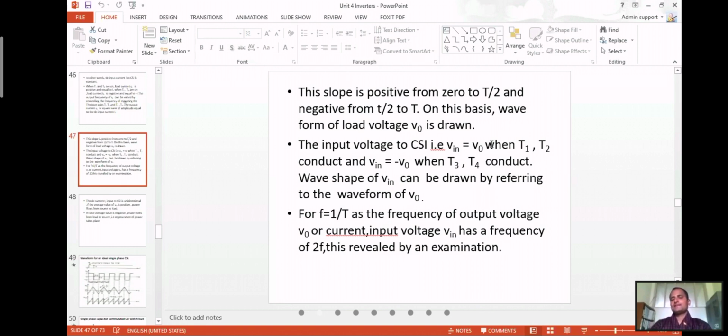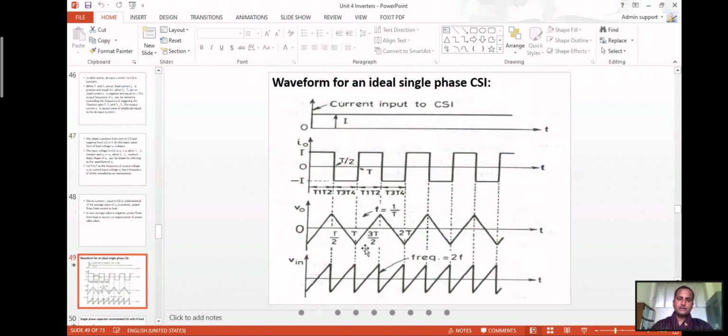So the input current to the CSI will be constant, and the input voltage will be equal to the output voltage. When T1 and T2 are conducting, the output voltage is positive V naught, and when T3 and T4 are conducting, the output voltage will be negative V naught.